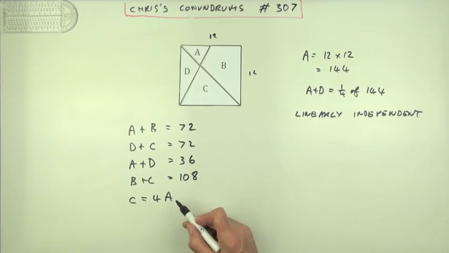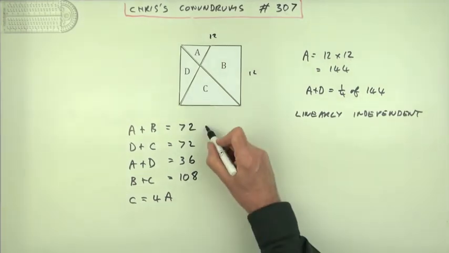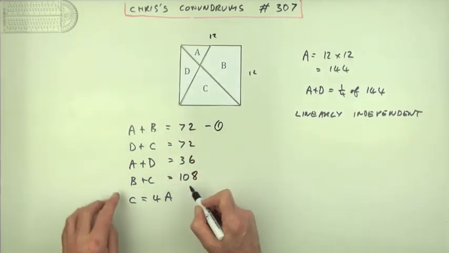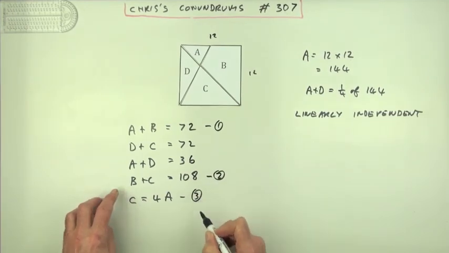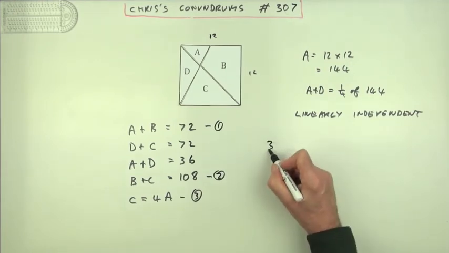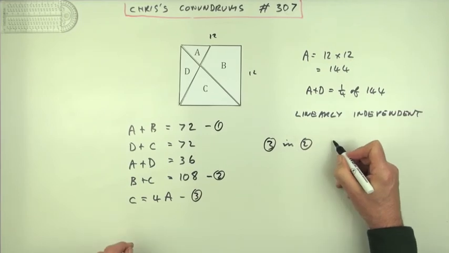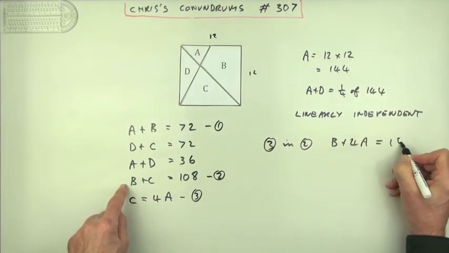So the simplest way would be pick any equation with a C in it and replace it by 4A. So I'll take these. Equation 1, which has got an A and a B. Equation here, call that 2, which has got a B and a C, and I'll call that my 3rd equation. Then if I substitute that, if I put 3 in 2, that'll produce B plus 4A equals 108.